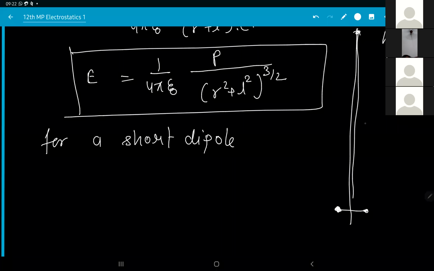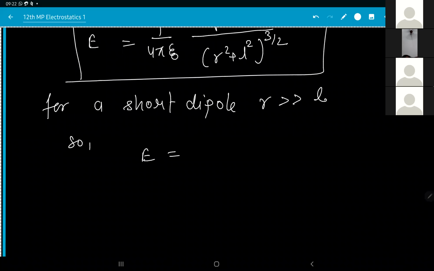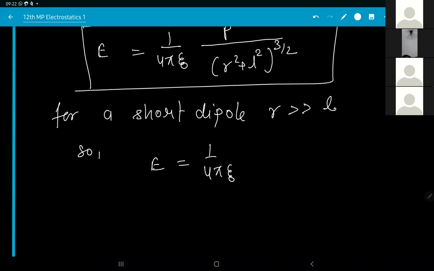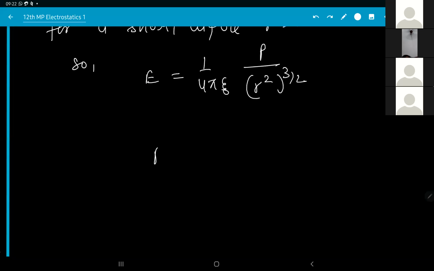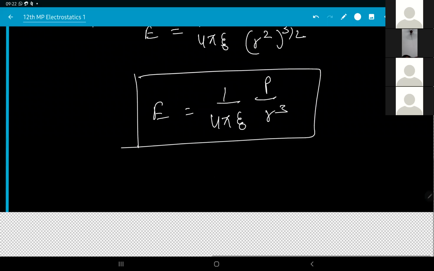That means this R will be greater than L. For a short dipole, R is greater than L. So we can write E is equal to 1 upon 4 pi epsilon naught P upon R square power 3 by 2. I eliminated L square. So E is equal to 1 upon 4 pi epsilon naught P by R cube. This is the formula to calculate electric field at equatorial line. Okay, clear?